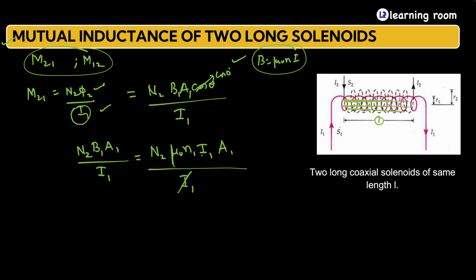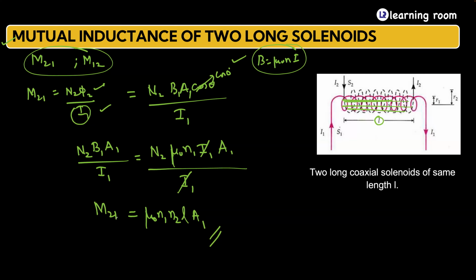So what is getting cancelled? I1 and I1 are lost. So what can I write capital N2 as? Capital N2 can be written as small n2 into L. So this will be equal to mu naught into n1 into N2 into L into A1. This is going to be the mutual inductance of second with respect to 1. Am I clear with this?